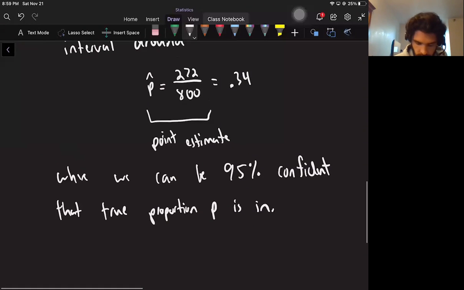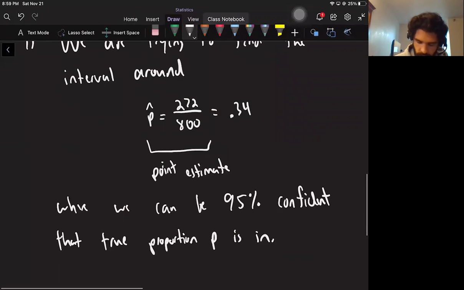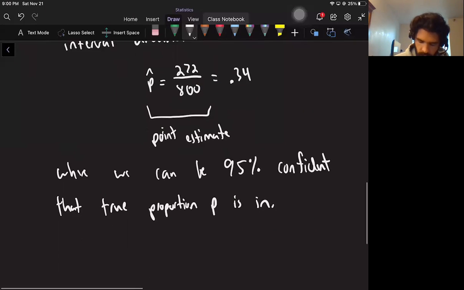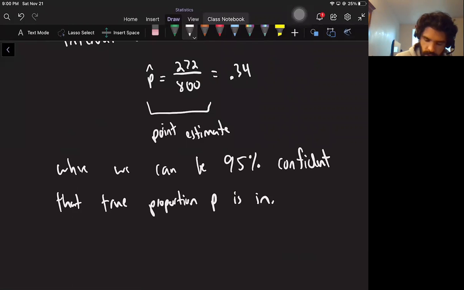So we want to find the interval around our sample where we can be 95% confident that the true proportion is in there.